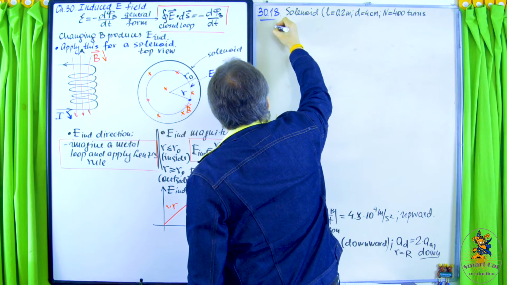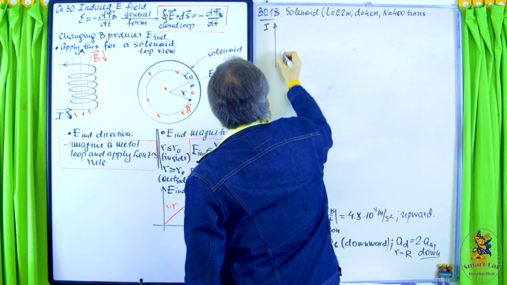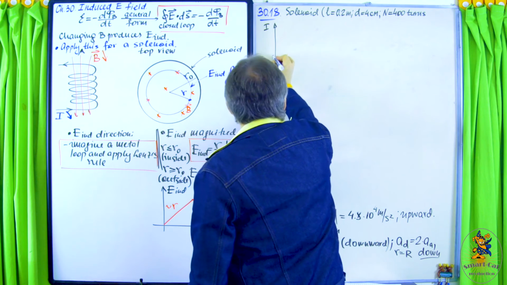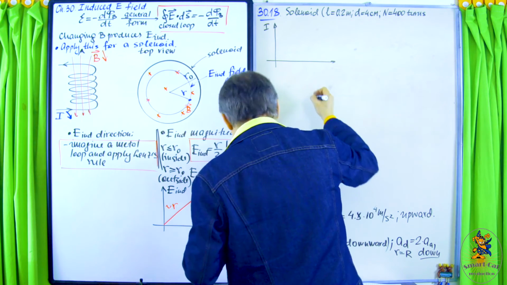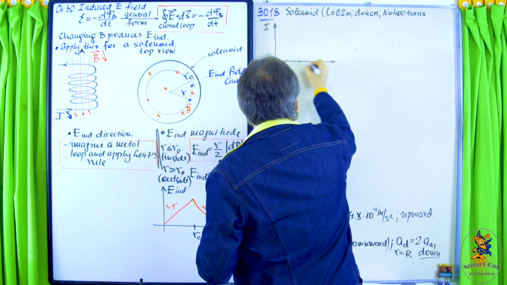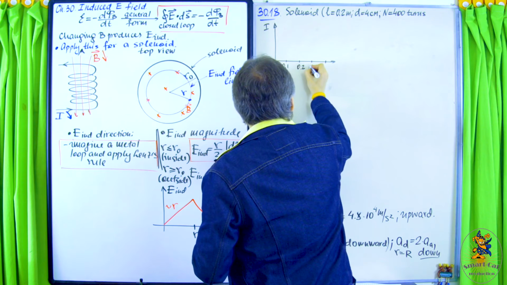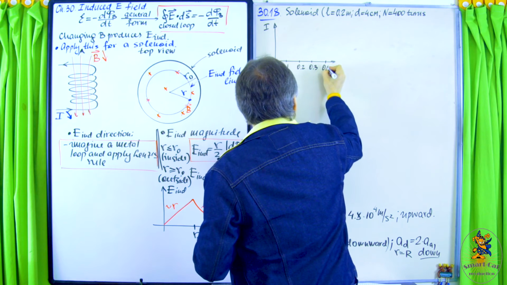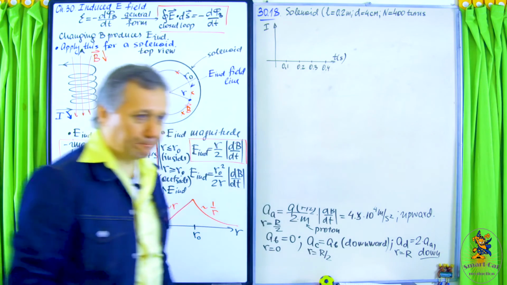All right, so the current through the solenoid changes according to this plot. So 1, 2, 3, 4. So it's 0.1, 0.2, 0.3, 0.4. This is time in seconds.